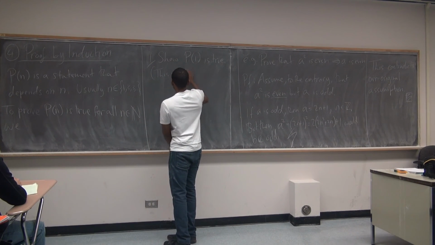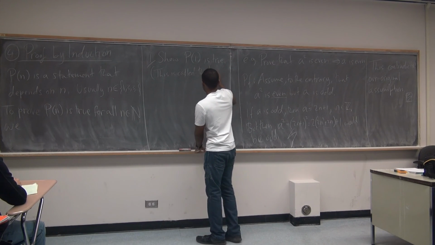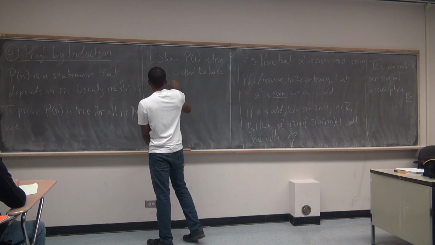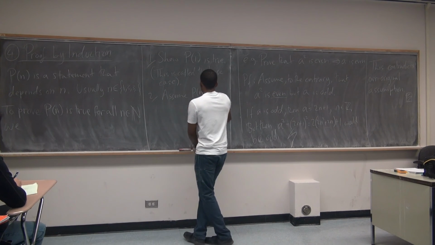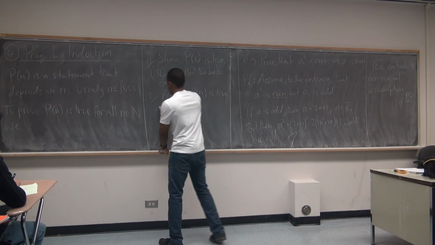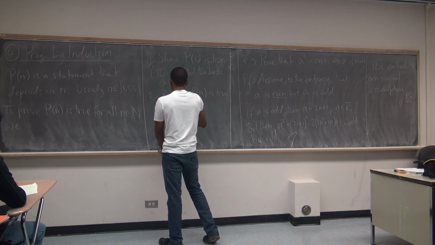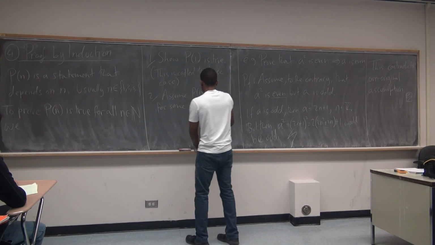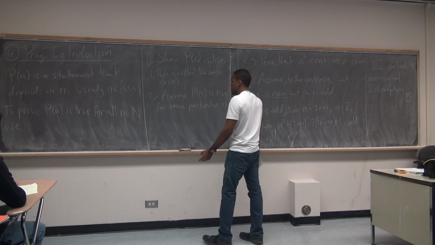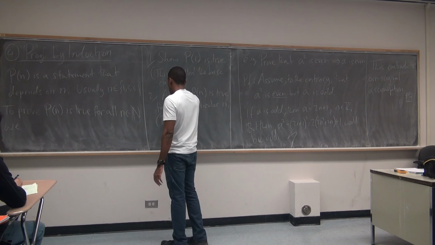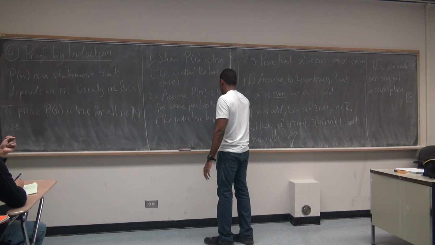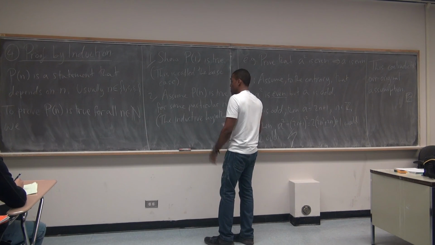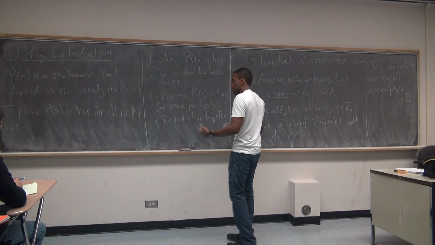This is called the base case. Two, assume P(n) is true for some particular n. Right? So it's not begging the question, it's not the entire statement. You're just assuming it's true for some particular n. This is called the inductive hypothesis. You know it's true for at least one of them, so now I'm just pretending it's true for somebody.